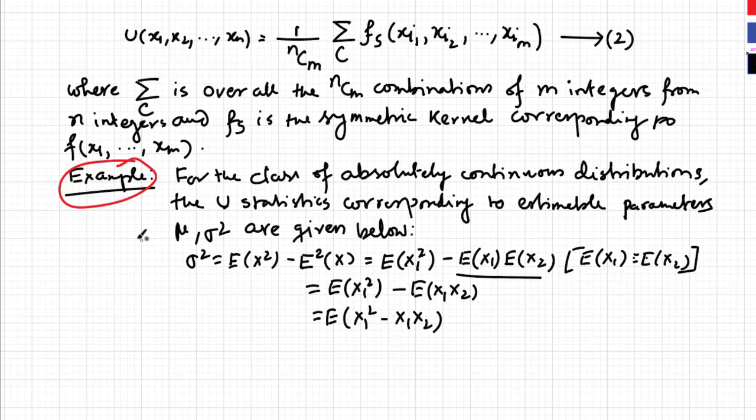So this is a kernel based on x1, x2. So we denote this f x1, x2 because this is the minimum number of sample, that is 2, for which f x1, x2 is an unbiased estimator of sigma square.